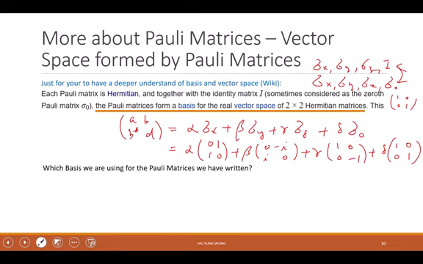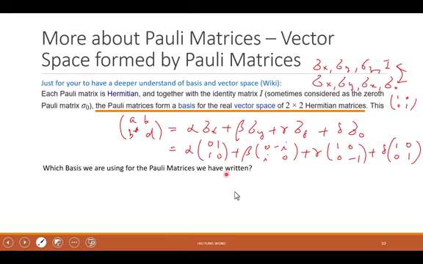Now you see that as long as you follow the definition, a vector space can be very interesting. We'll see an even more interesting example in the next slide. But at this stage, whenever I write the matrix or the vector, I need to choose a basis to write it in.